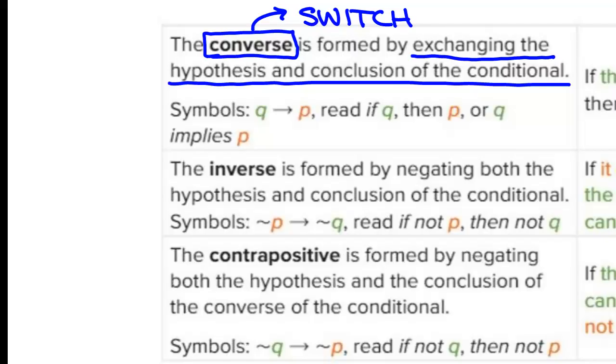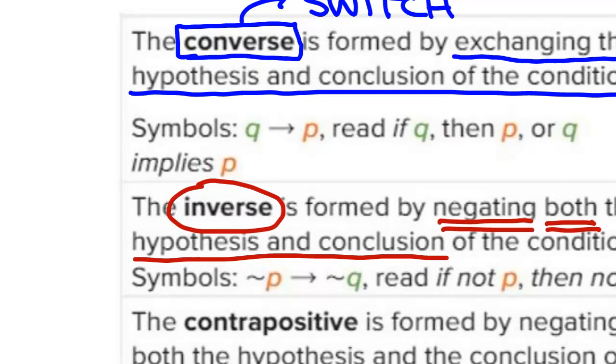So our original conditional statement was, if it rains, then the parade will be canceled. My converse would switch around. If the parade is canceled, then it rained. So we switch the hypothesis and the conclusion for the converse. The inverse is formed by negating both the hypothesis and conclusion.